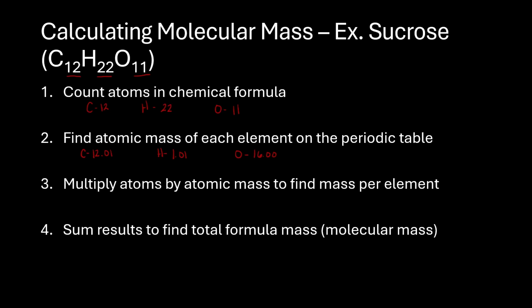So for carbon, we're going to take the molar mass of carbon, 12.01, and then multiply it by how many atoms of carbon there are, which is 12. If we multiply that out, that's going to leave us with 144.12 mass units. I'm just going to label that as a U.